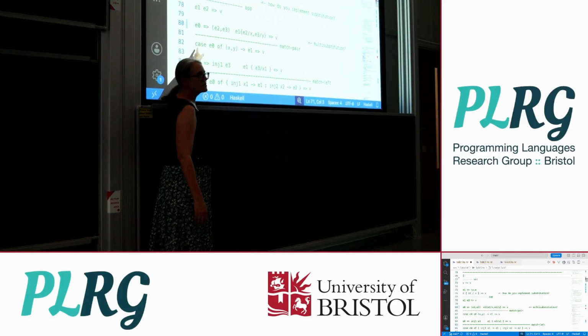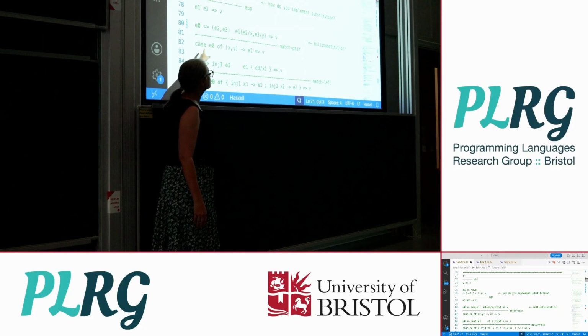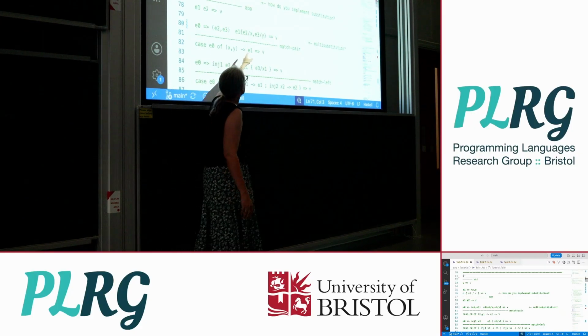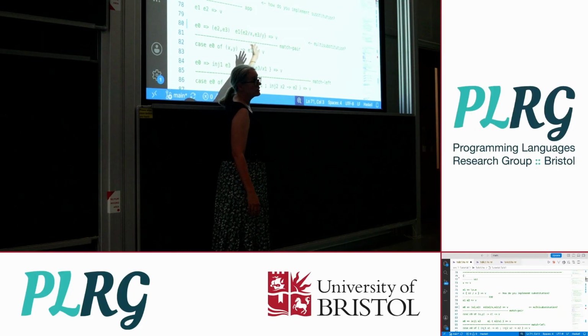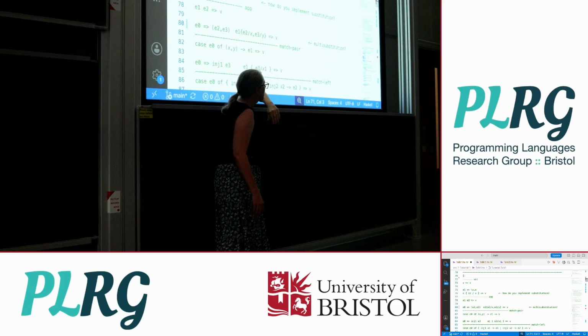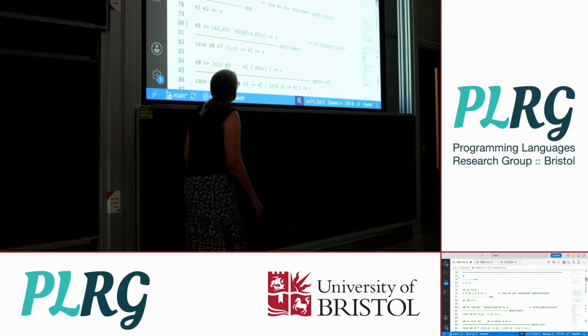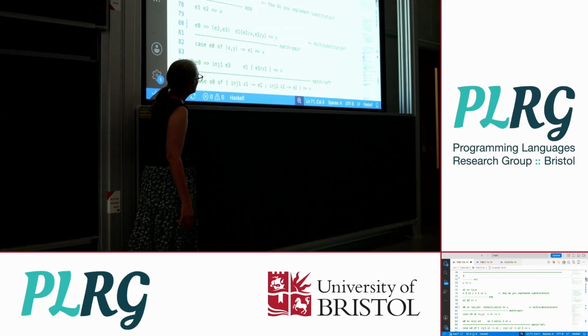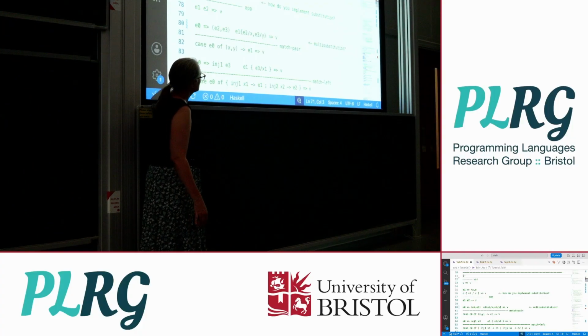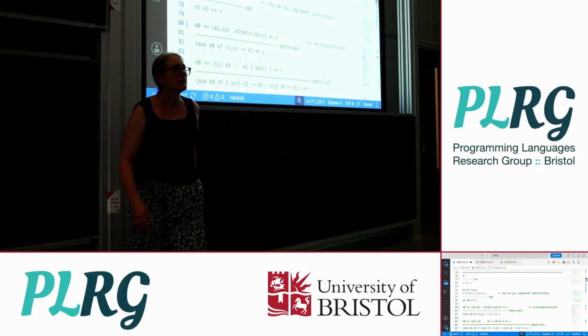For pairs, when we pattern match, we have to do the same thing, except we have two substitutions to do at the same time, so a multi-substitution. For sums, it's back to single substitution, but you have to pick which one you want.